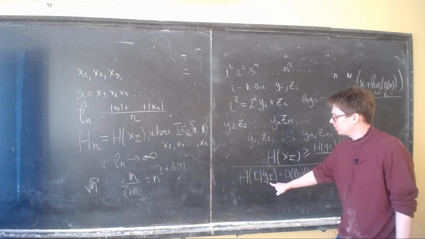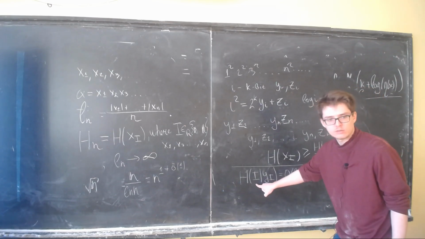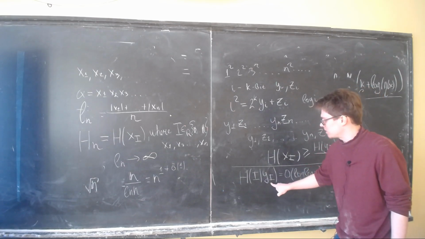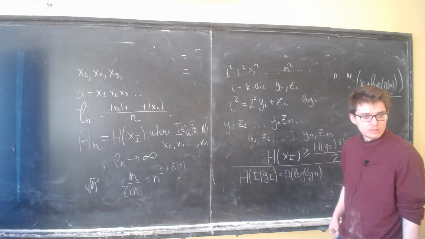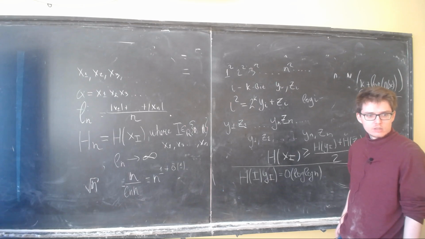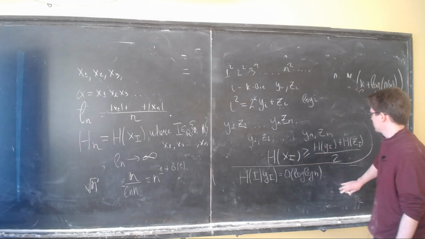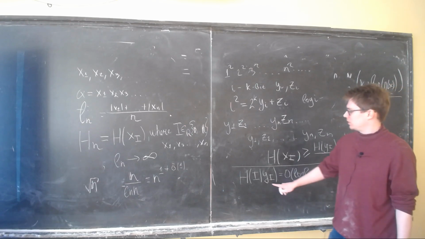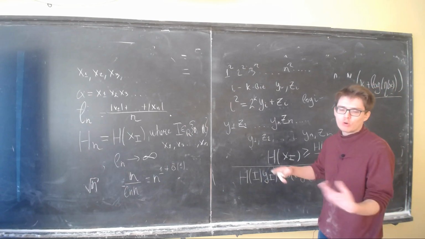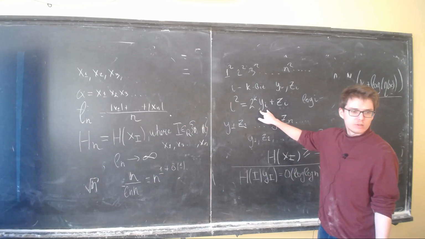This means that the entropy of the condition should be big, because the entropy of y is log n. Then it means that the entropy of the condition should be at least log n minus O of log n. So why is that? Because I just claimed that there are at most O of log n different i's which can give the same y_i.